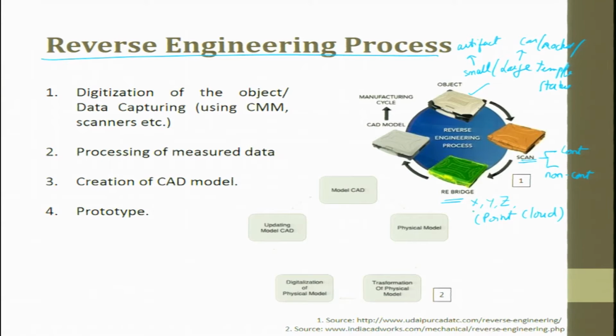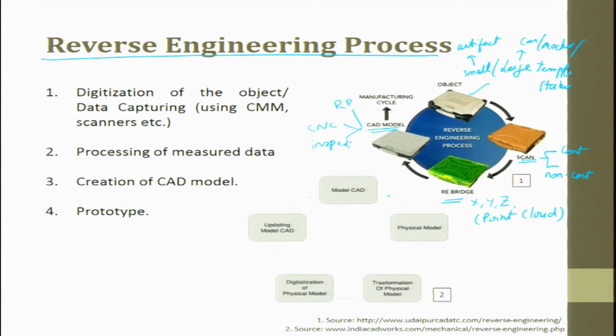When you work on these particular patches, you can then reconstruct a CAD model. From the moment a CAD is obtained, you can go for a CNC machine, you can go for inspection, you can also go for rapid prototyping. So, the CAD gives you the lead for manufacturing.